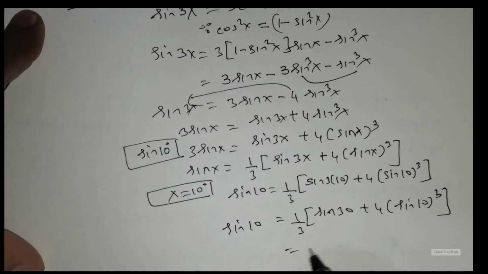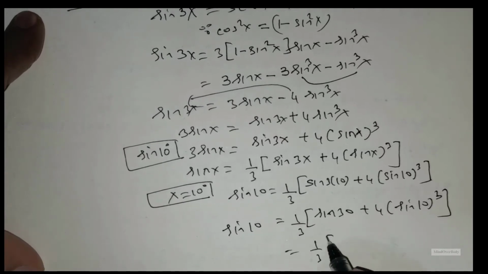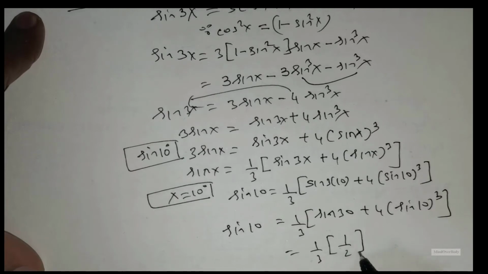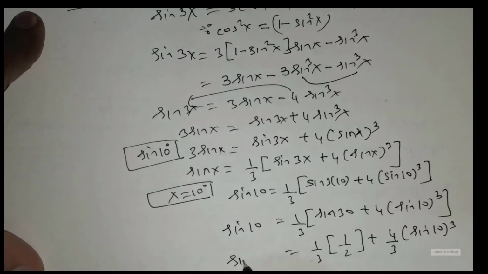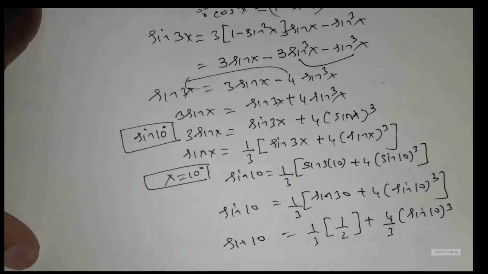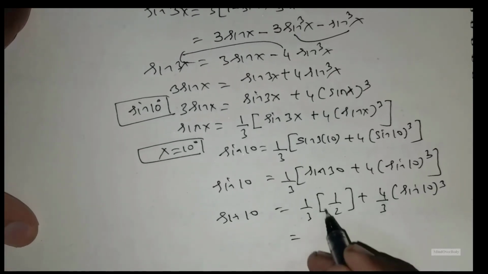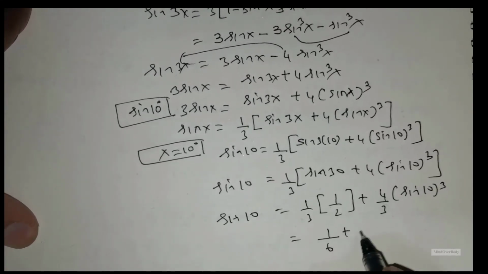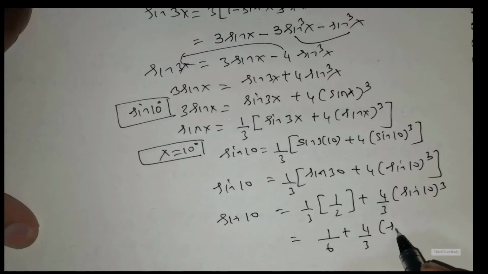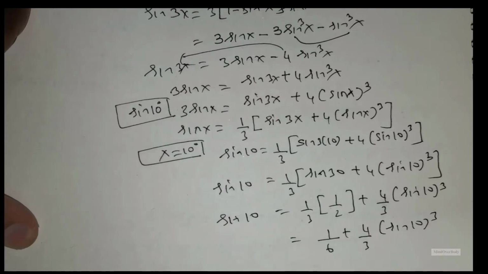Now sin 30 is 1 over 2, right? We know that value. So 1 over 2 positive 4 over 3 times sin 10 raised to the power 3, and on the left it's going to be sin 10. Now this is equal to 1 over 6 positive 4 over 3 times sin 10 whole cubed, and you've got a sin 10 there.